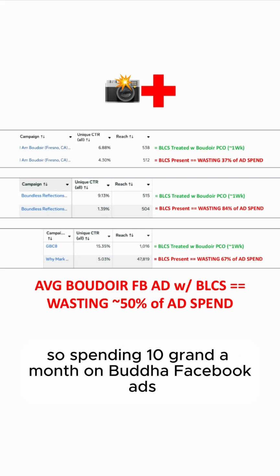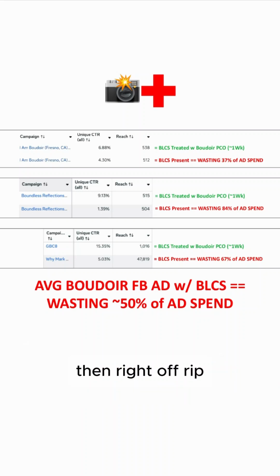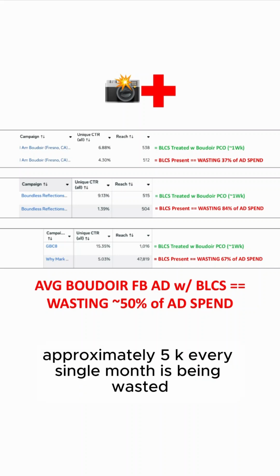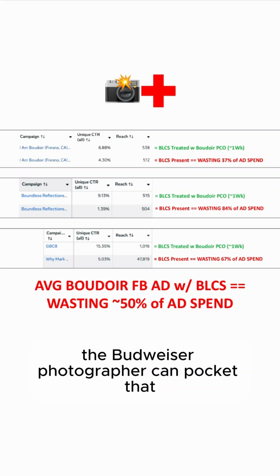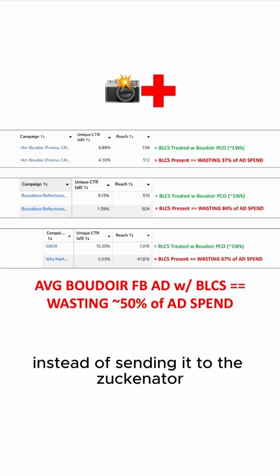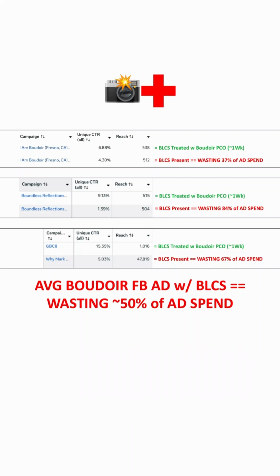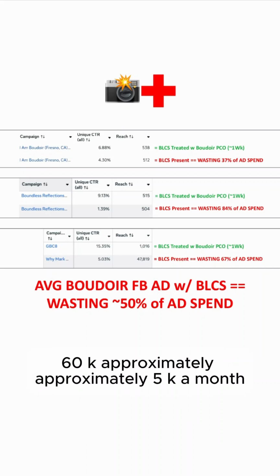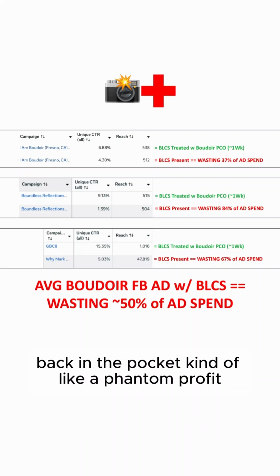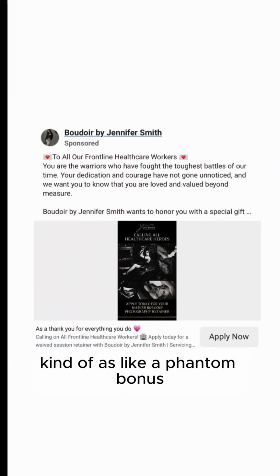So, spending 10 grand a month on Boudoir Facebook ads, right off the rip, approximately 5K every single month is being wasted. And as a result, we can eliminate that. The Boudoir photographer can pocket that instead of sending it to the Zuckinator and getting zero out of it because it's 100% being wasted. Approximately 5K a month, approximately 60K in the next 12 months, back in the pocket, kind of like a phantom profit, Boudoir Pico profit bonus.